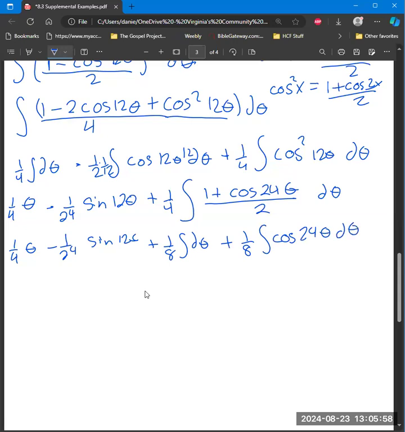1/4 theta minus 1 over 24 sine of 12 theta plus 1/8 d theta plus 1/8 integral cosine of 24 theta d theta. And I'll have a times 24 in here and times a 1 over 24 out here.